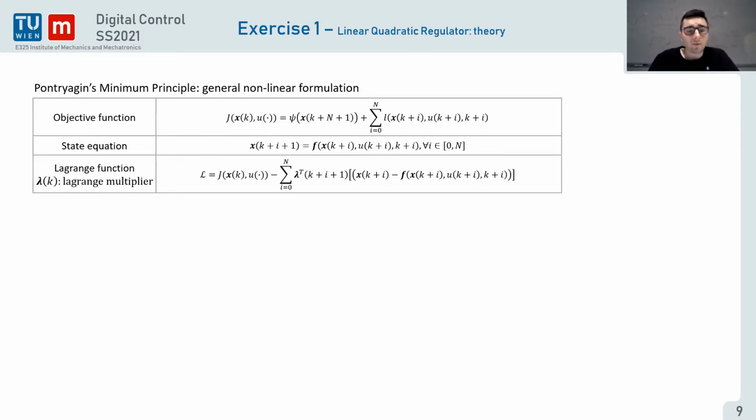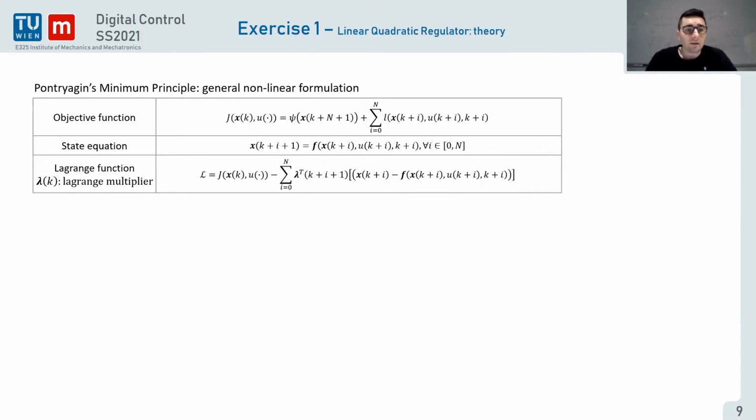And finally, if we want to minimize this, there is a constraint usually written like f of x, u, and time is equal to 0, because this is what you have if you make f minus x of k plus i plus 1. Then this is really hard to solve because it's a cost function that is nonlinear and a state equation that is an equality constraint.